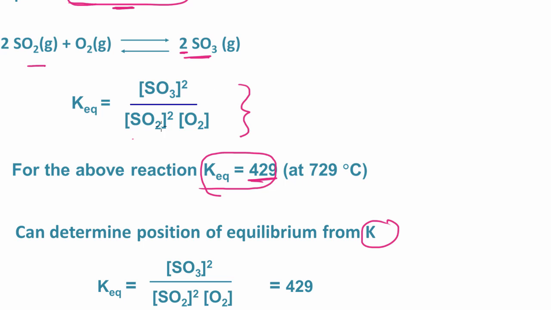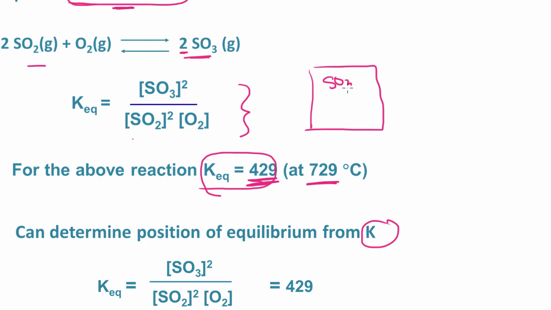Concentrations here at equilibrium are going to be such that this ratio is equal to 429 at 729 degrees Celsius. Well, what does that mean? It means that in my reaction vessel, I am going to have all three of these substances.